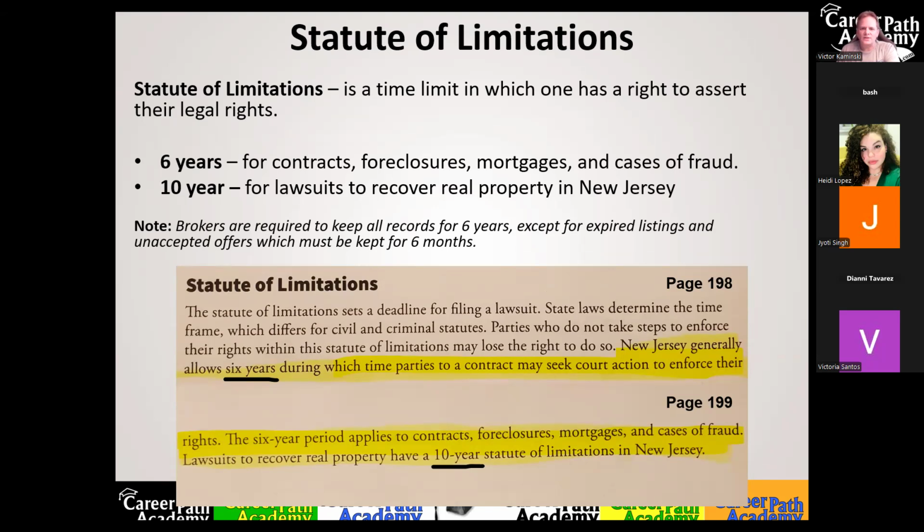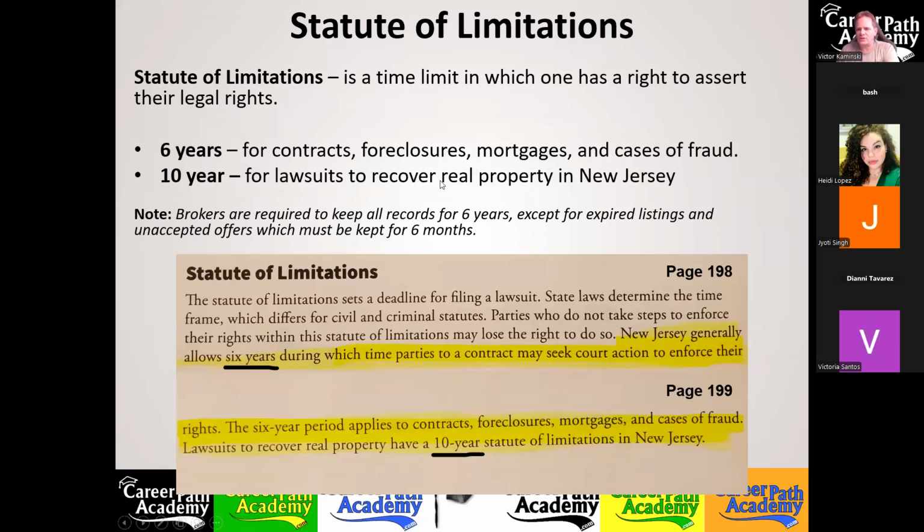There's a 6-year statute of limitations for foreclosures, mortgages, and cases of fraud, and a 10-year statute of limitations in New Jersey for lawsuits to recover real property.